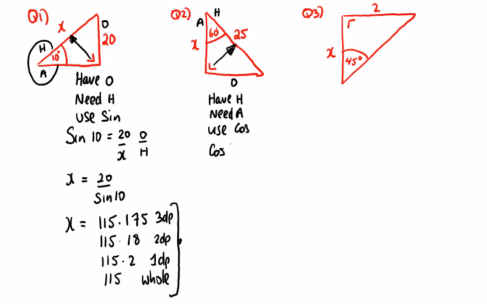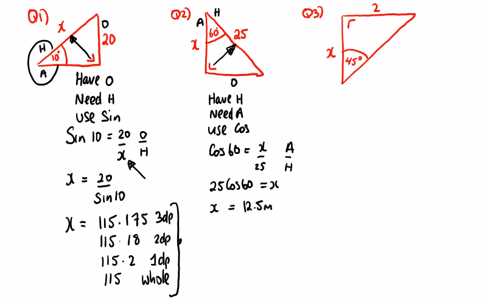So the cos of 60 is equal to A over H, which is equal to X over 25. So in this case, not like this one where we had to swap them, we just multiply the cos 60 by 25 and we'll get X. So X is equal to 12.5 because the cos of 60 is equal to a half.